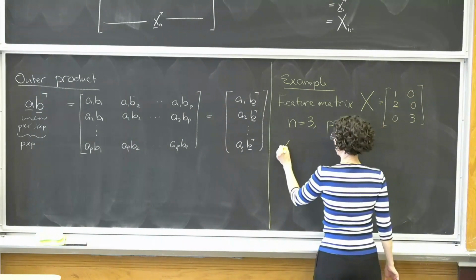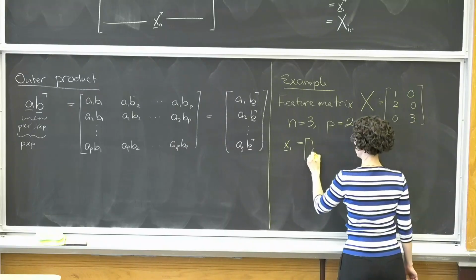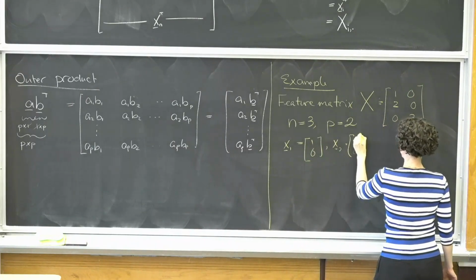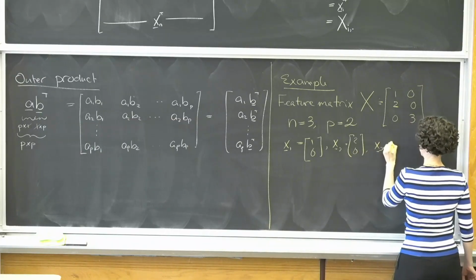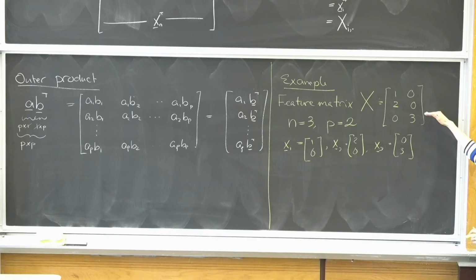And so X1, our first, I said this verbally, but I'll just be explicit here. X1 is 1, 0, X2 is 2, 0, and X3 is 0, 3. So we can extract that exactly from this feature matrix.